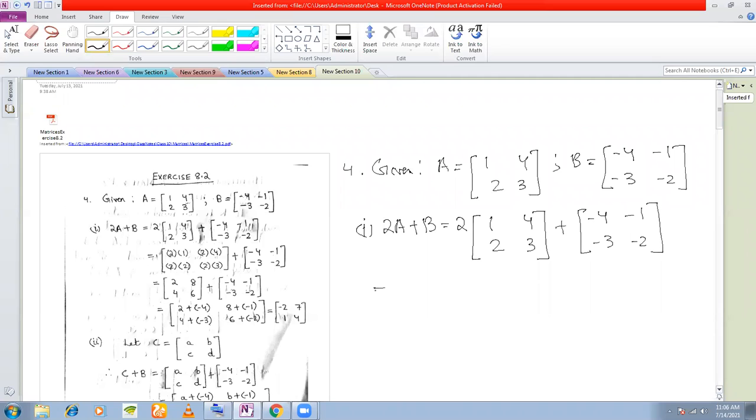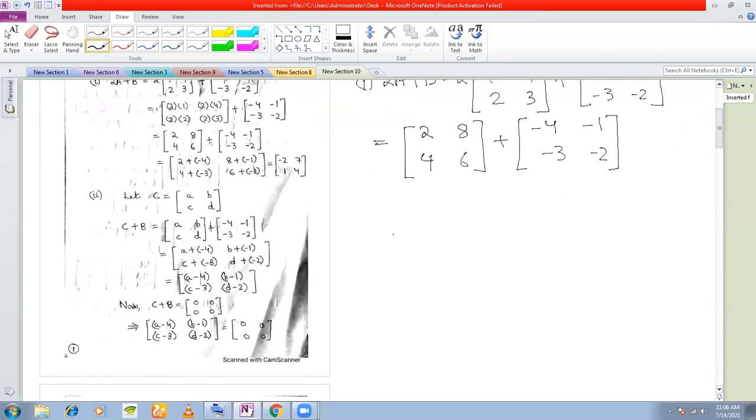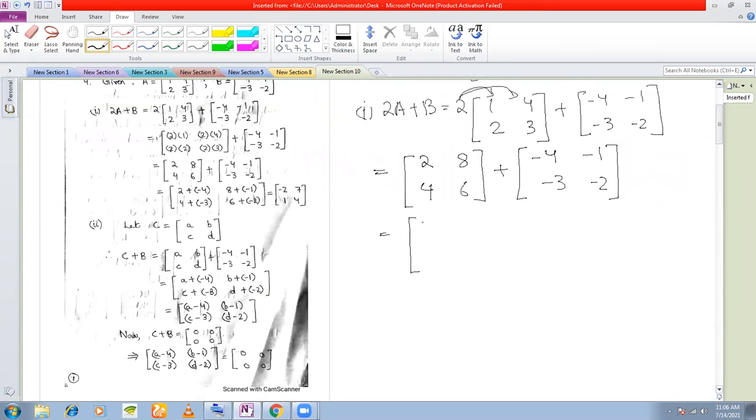First you multiply the scalar with the matrix, that is 2 by 1, 2 by 4, and so on. So 2 into 1, 2 into 4, 2 into 2, and 2 into 3, plus -4, -1, -3, -2. Now you add in the regular manner: this is 2 minus 4, 8 minus 1.